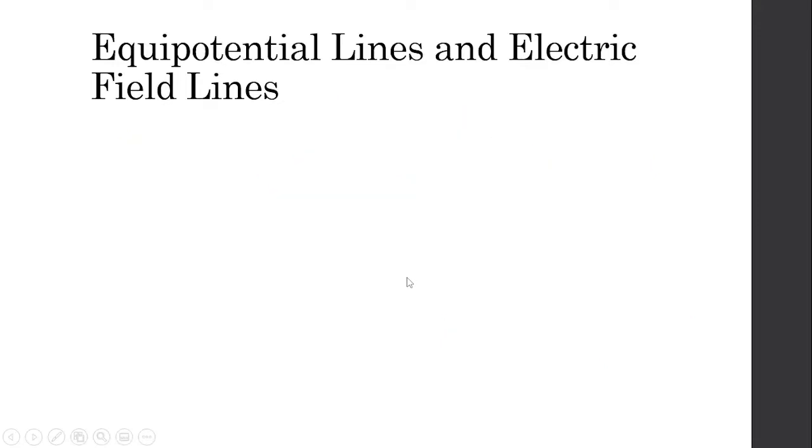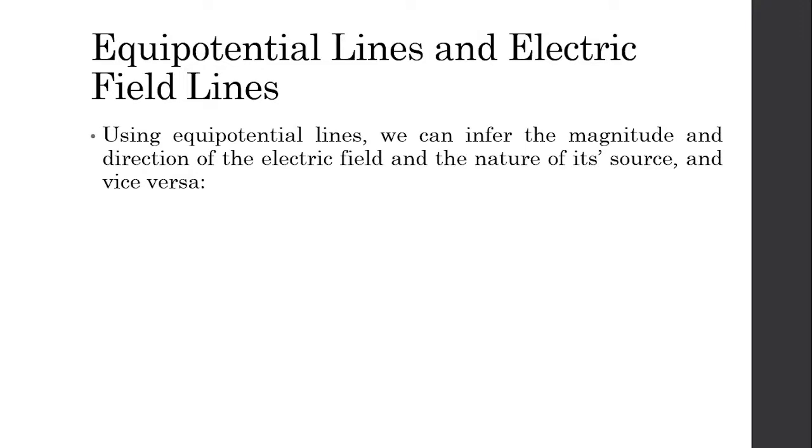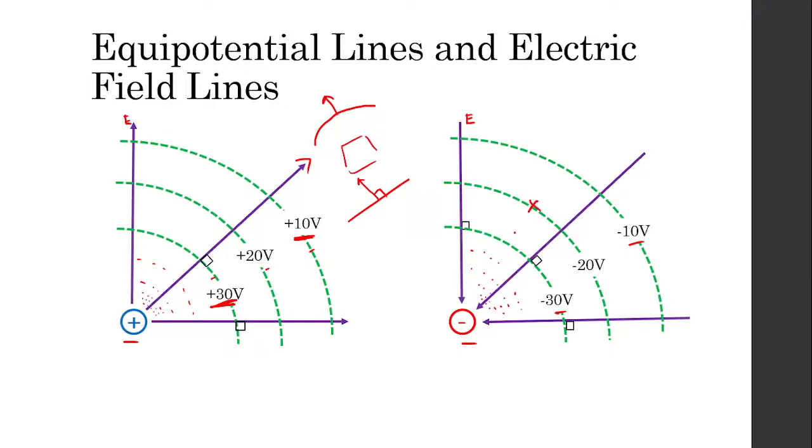So having looked at these various relationships between the two, we can come up with an equation. Using the equipotential lines, we can infer the magnitude and direction of the electric field and the nature of its source, and vice versa, using this equation, wherein the magnitude of your electric field is equal to the electric potential difference, meaning the difference of the potential between these two areas.